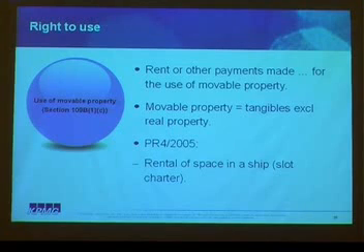The next category is use of movable property. This is part of your Section 109 trilogy, and the payment here is also referred to as Section 4(a)(3) income. It covers rents or other payments made for the use of movable property.